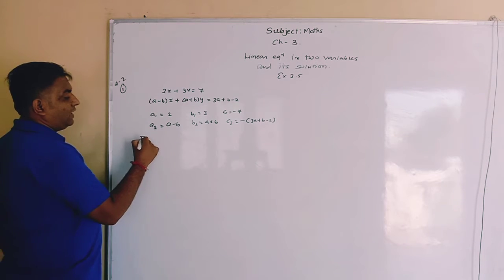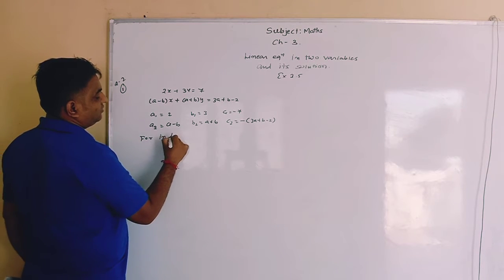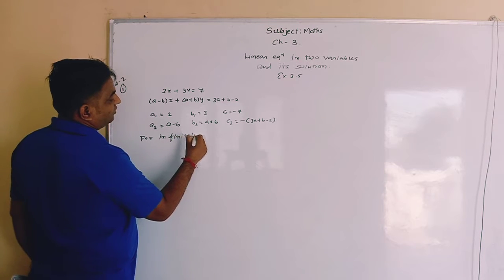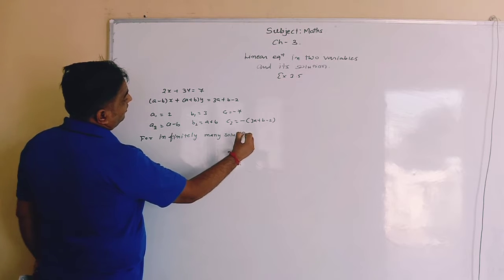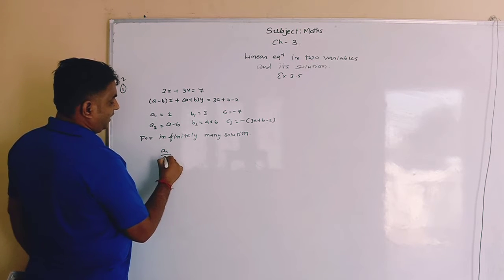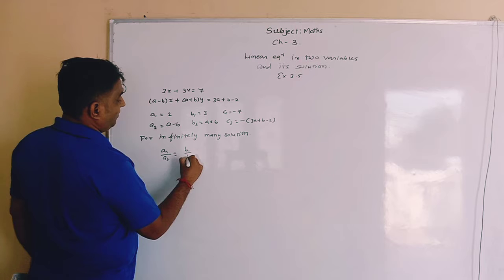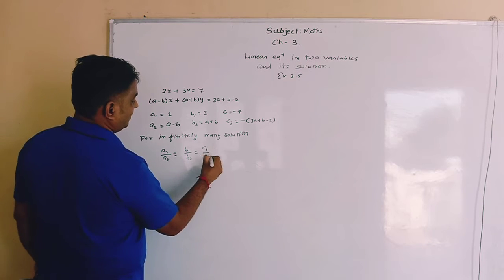Now for infinitely many solutions, we know that a1/a2 = b1/b2 = c1/c2.